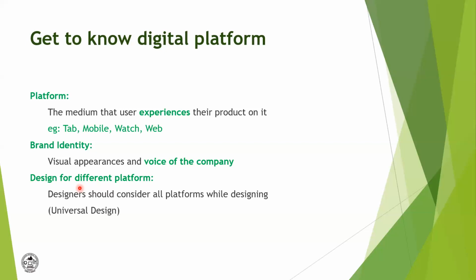The same application should behave correctly on all platforms, like a website. So we have to analyze each and every design from the user's point of view: the user will use the application differently in mobile, and differently on the website.